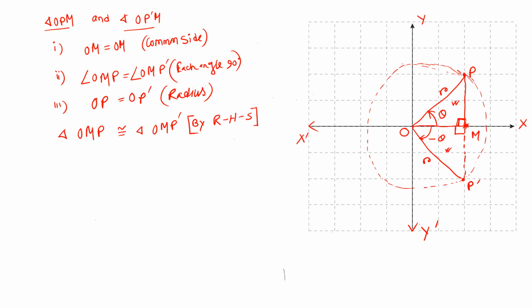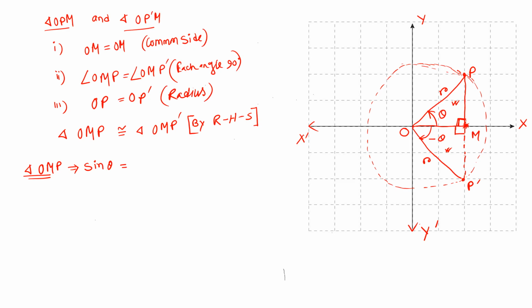Now I'm coming to the next point, sine theta. I'm calculating from the first triangle, that is OMP. If I calculate sine theta, because here the angle is theta, sine theta equals, we know, height by hypotenuse, yes or no?